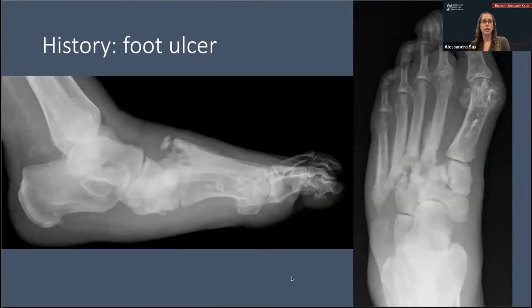All right, take a look at these images. This patient has a foot ulcer.